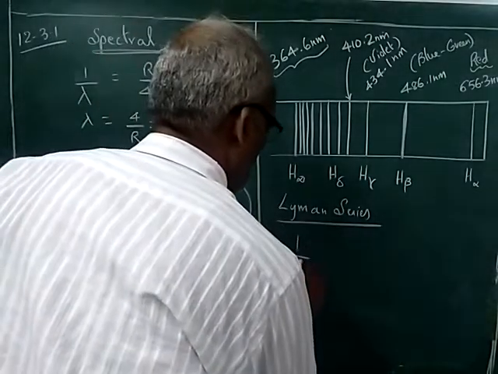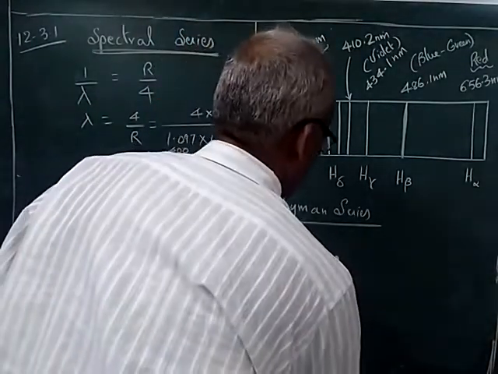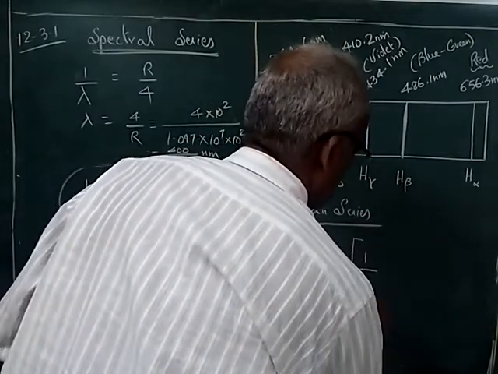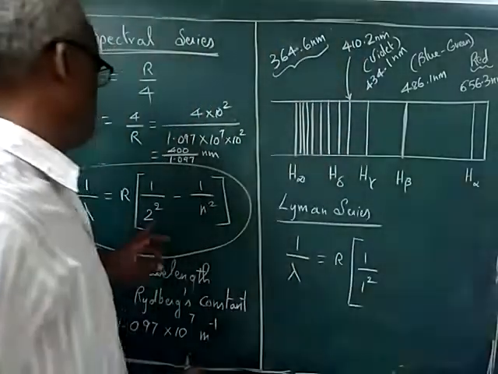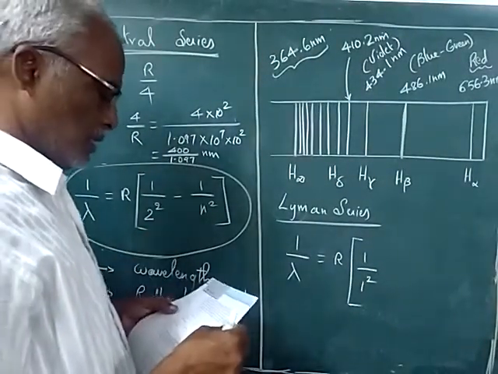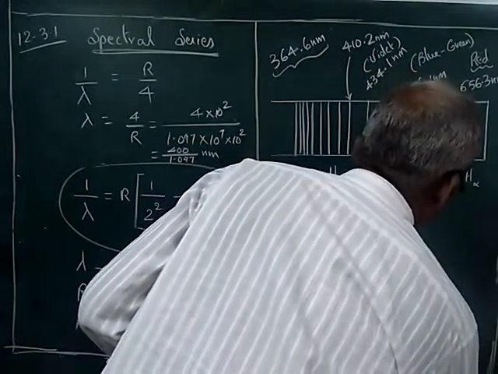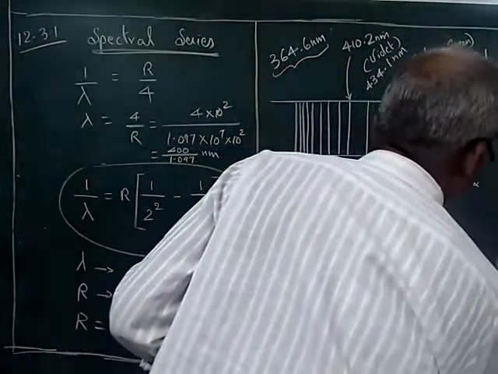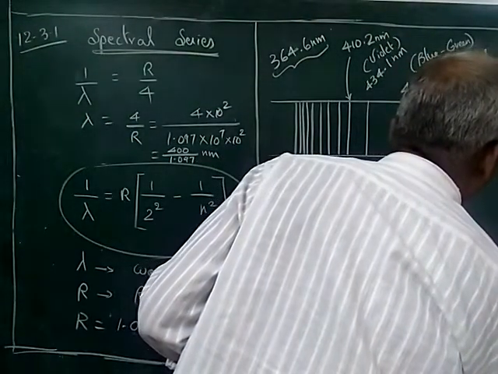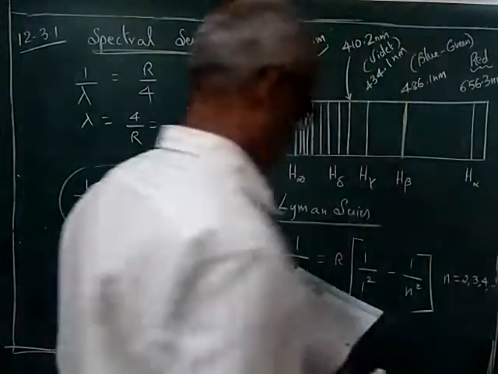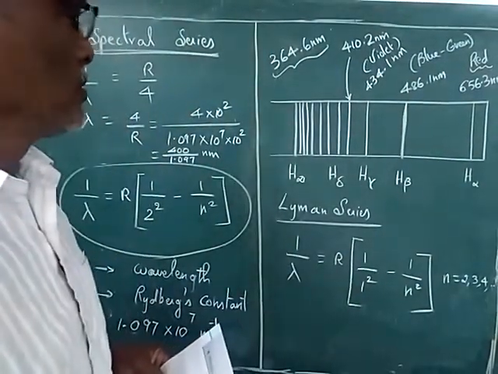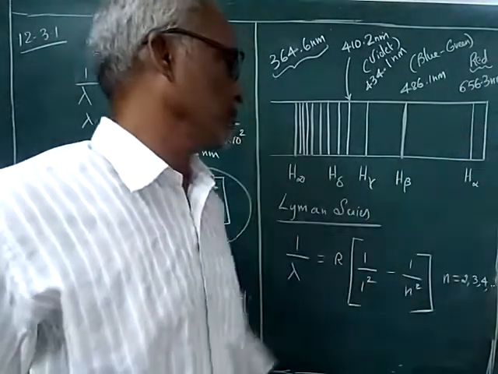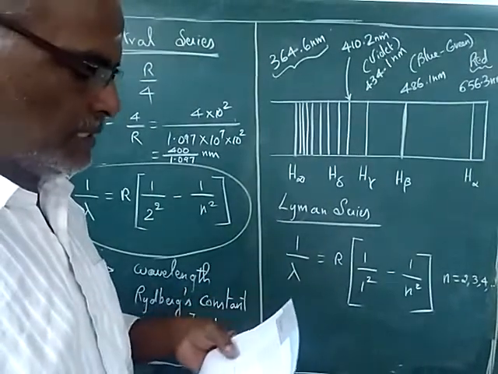The formula is 1 by lambda equal to R into 1 by 1 square minus 1 by n square, where n can take 2, 3, 4, etc. In the Balmer series we had 2 square, here it is 1 square. If it is 1, the n value starts from 2, 3, 4 like that. This is the Lyman series.